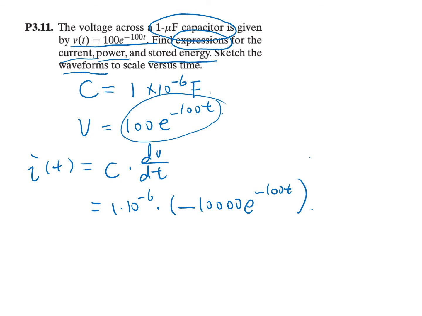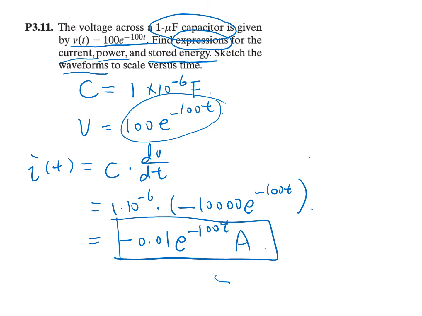And we simplify this, we can get i(t) is equal to negative 0.01 e to the negative 100t amp. So we found out the current, and now we need to calculate the power.